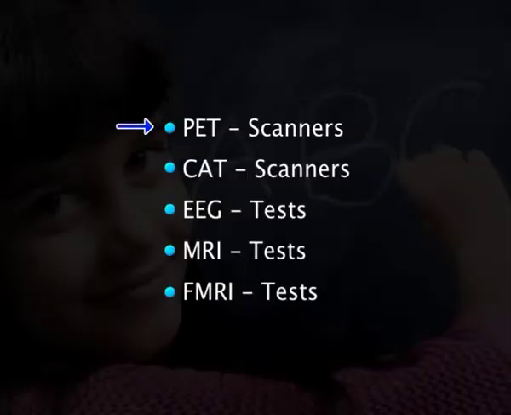Neuroscientists employ a wide variety of machines to measure the performance of the brain at work. These include PET scanners, CAT scanners, EEG test, MRI and fMRI tests.